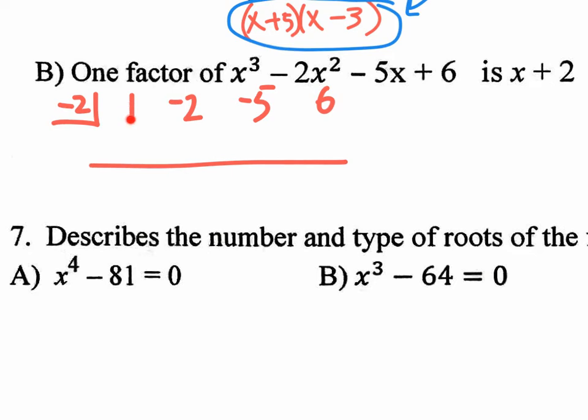As you go down, you combine 1 plus nothing. You just put the 1 down here. And then you take the -2, multiply it by 1, and you get -2 up here, right? And as you go down, -2 combined with -2, you get -4.